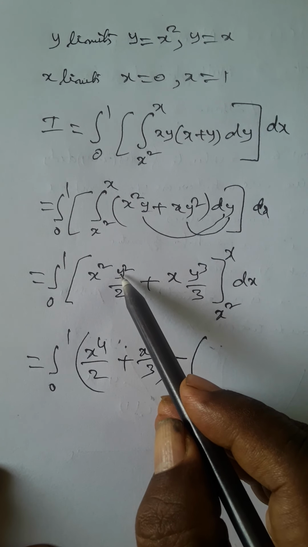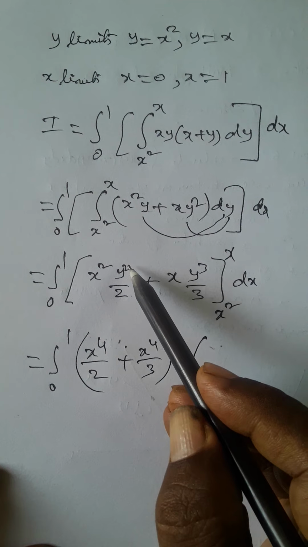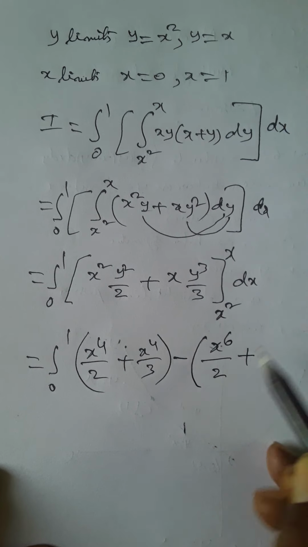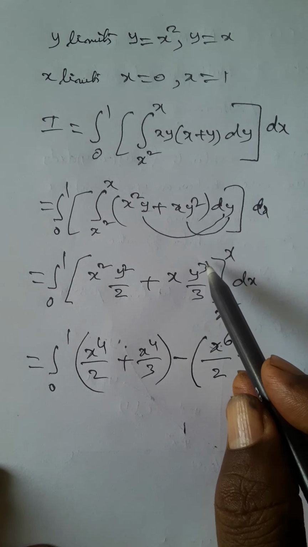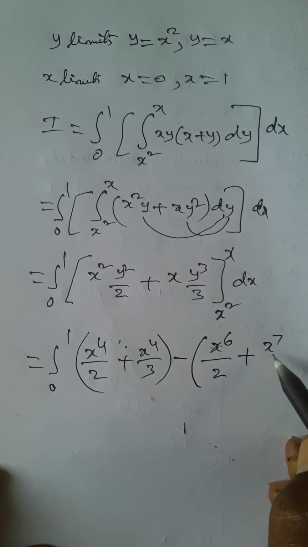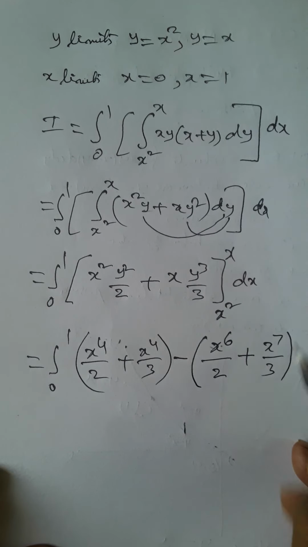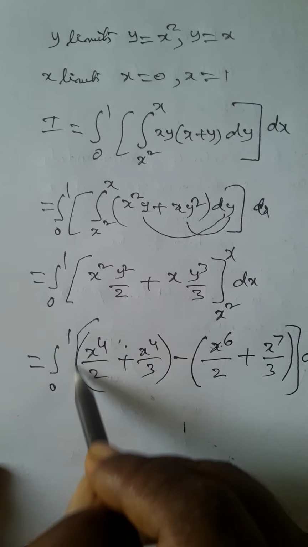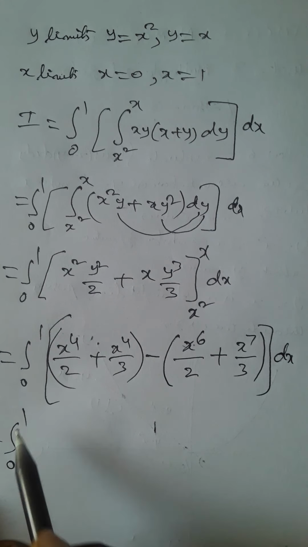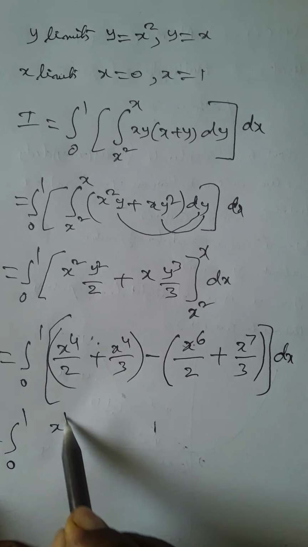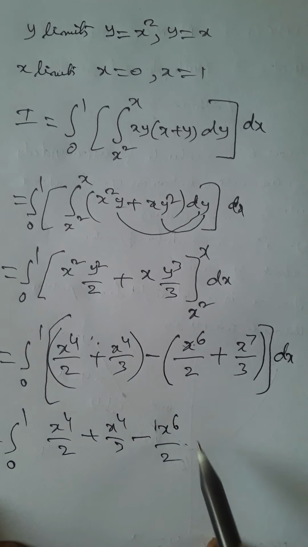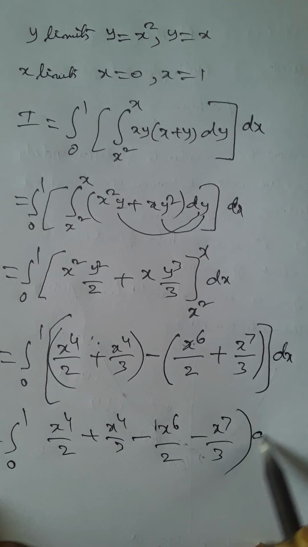X square into x square whole square by 2, that is x power of 6 by 2, plus x into x square whole cube by 3, that is x power of 7 by 3, dx. Integral 0 to 1 of x power of 4 by 2 plus x power of 4 by 3 minus x power of 6 by 2 minus x power of 7 by 3 dx.